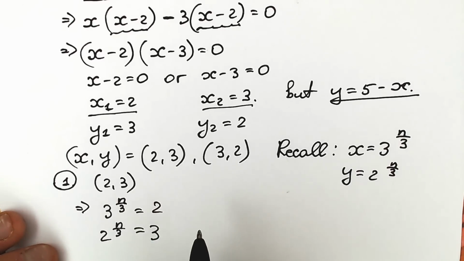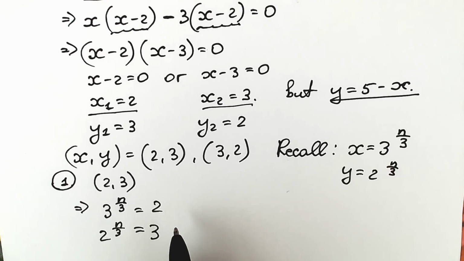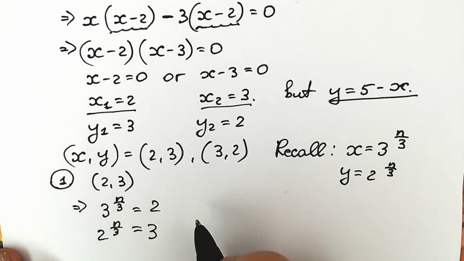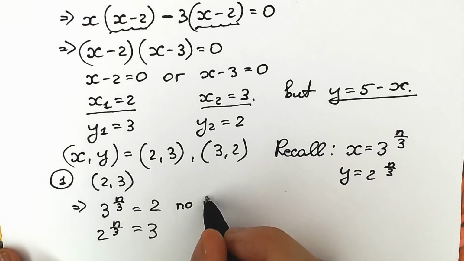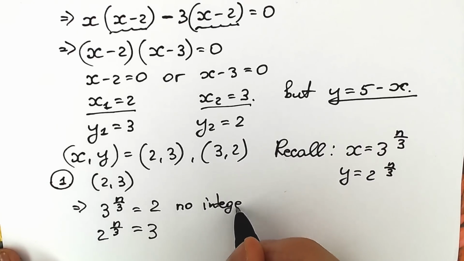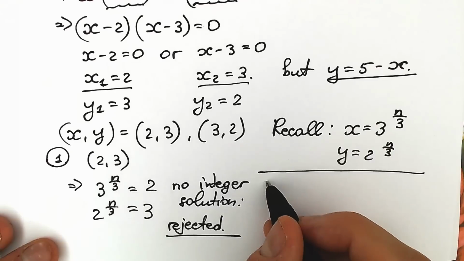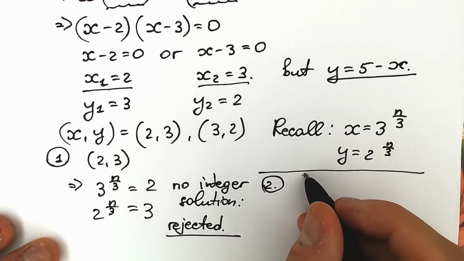If you look closely, we don't have the same bases, we have different bases. So here we have no integer solution.